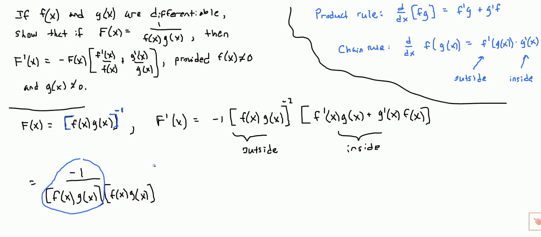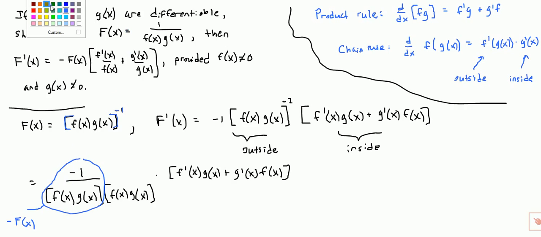Okay, so this is multiplied by the inside portion. Remember this is going to be negative big F of x. This portion circled in blue, right?